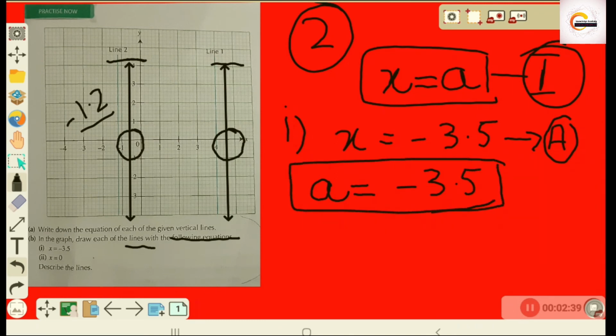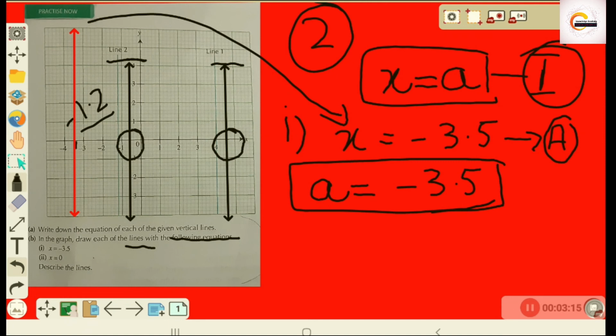We can find the point on the graph, plot it and draw a line. Minus 3.5 is somewhere between minus 3 and minus 4, which is here, so I'm just going to draw a line. This is our required line whose equation is x equals minus 3.5.